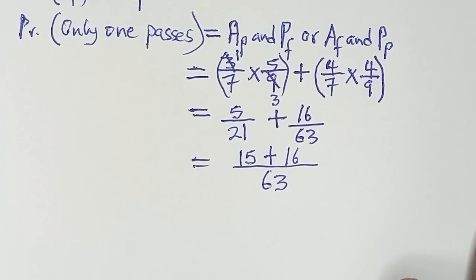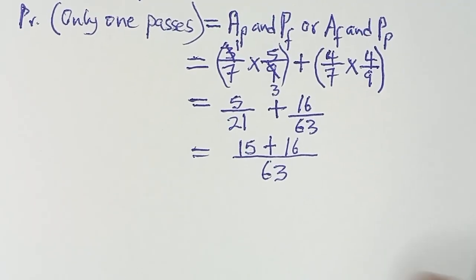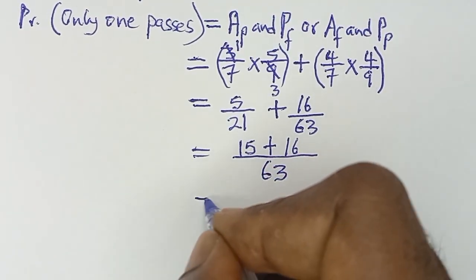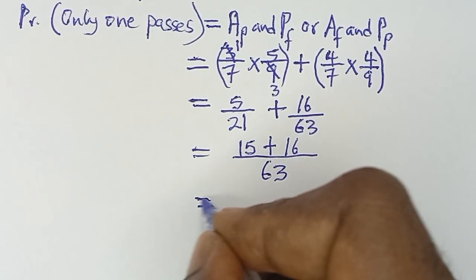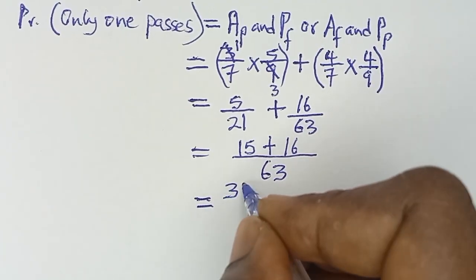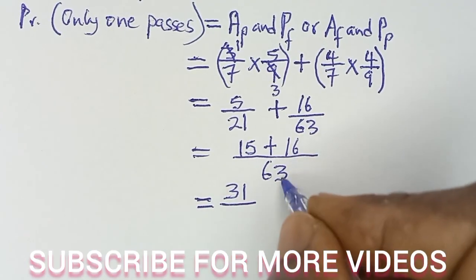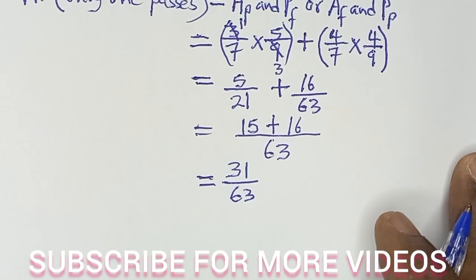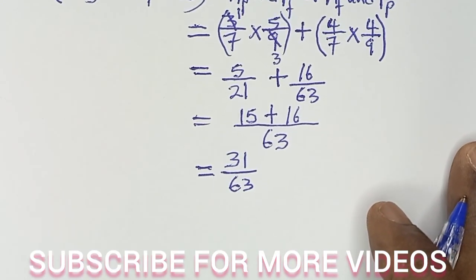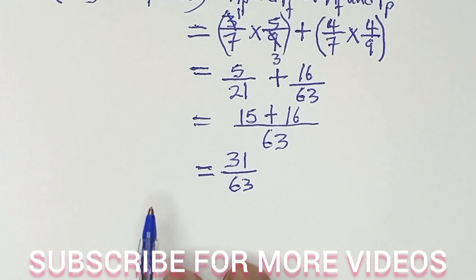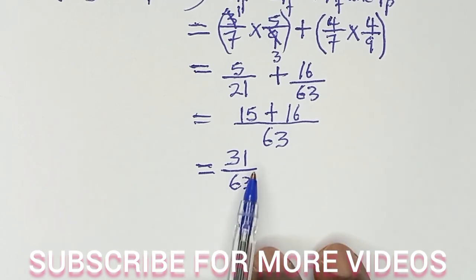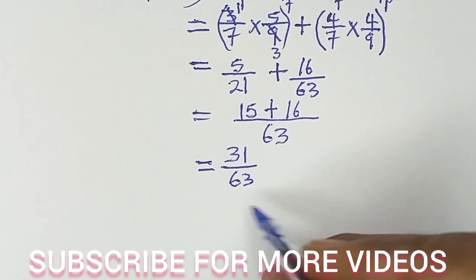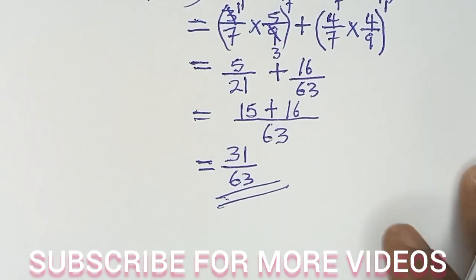So what do we have next there? We have 15 plus 16, and that is 31, all over 63. And that will give us the final answer. So the probability that only one of them passes the exam is 31/63 as the final answer.